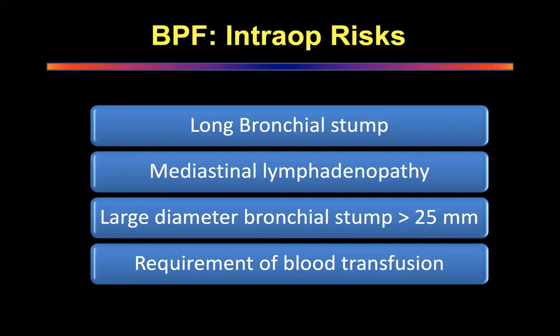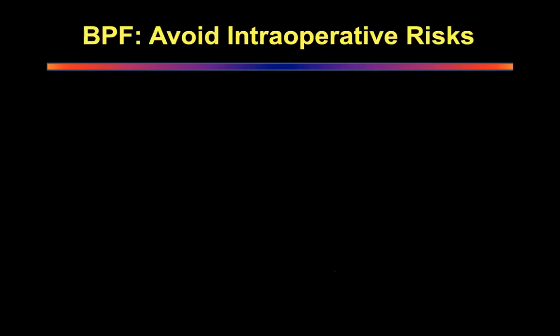It does cause immune responses, and many papers have looked at the correlation between the need for blood transfusion and bronchopleural fistula. There has been some association that if the patient has received post-operative blood, he's more likely to be immune compromised, or more likely to get a bronchopleural fistula.